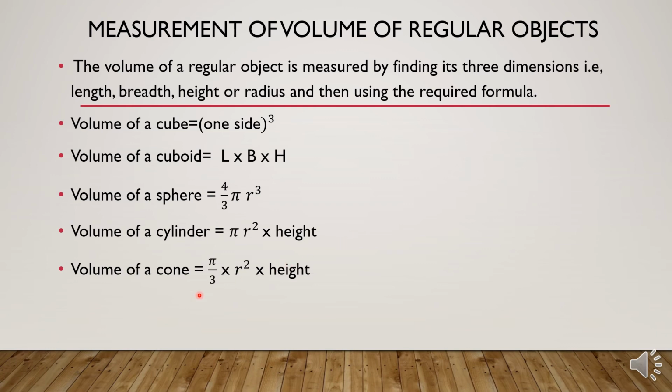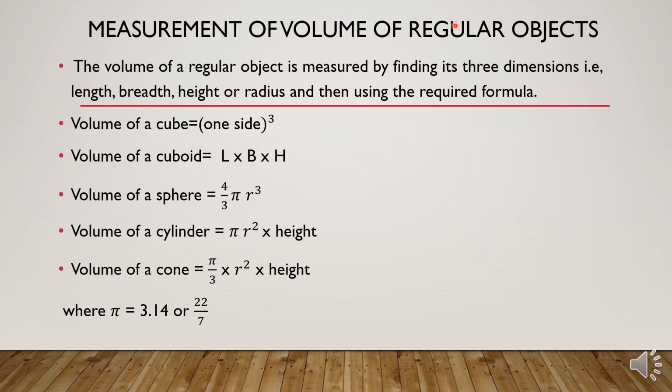In the same way we can find the volume of a cone with this formula: pi divided by 3 multiplied by r squared multiplied by height. Here also we need to measure the radius and the height, and I have already told you the value of pi is equal to 3.14 or 22 upon 7.